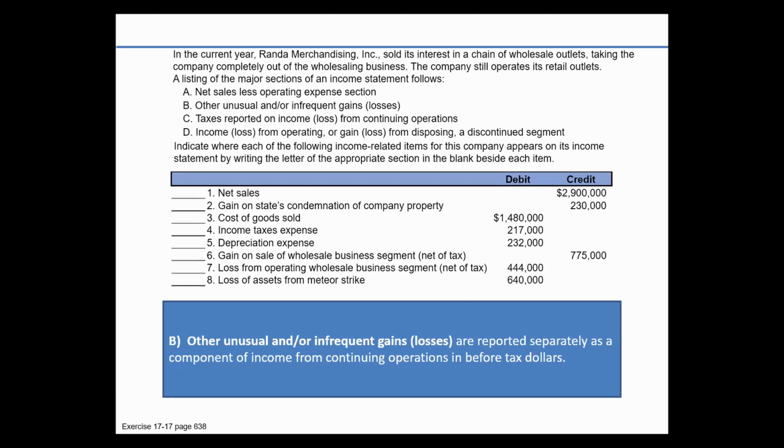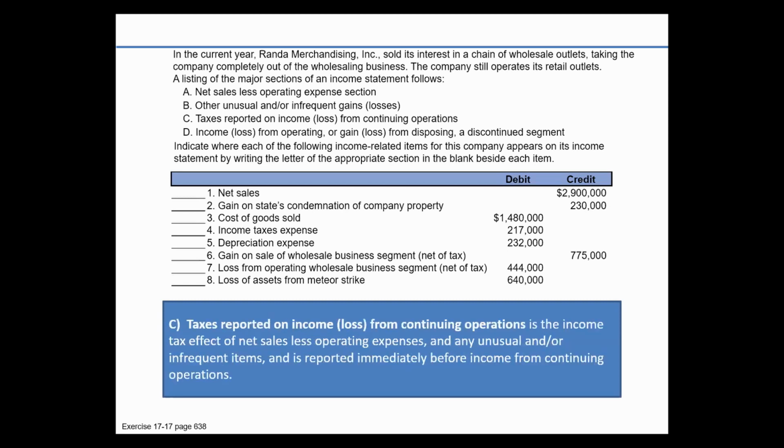We'll figure out examples of what those would be in just a minute. Then the taxes reported on income or loss from continuing operations is the income tax effect of net sales less operating expenses and any unusual or infrequent items, and is reported immediately before income from continuing operations.